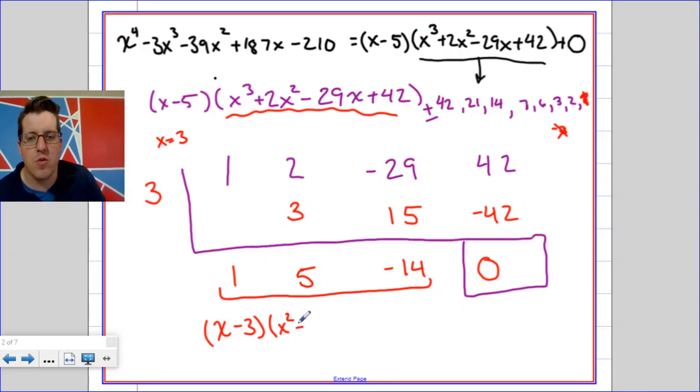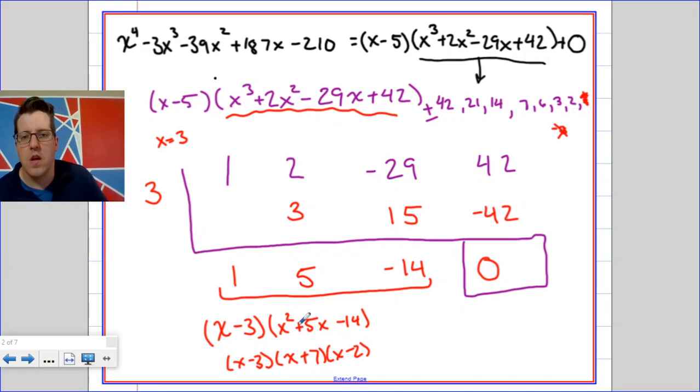So that's x squared plus 5x minus 14. Well, I know how to factor that. I don't even need to use the p's and q's, because I just know that that's x plus 7 times x minus 2. We include the original factor that we were given, and we have a complete linear factorization.